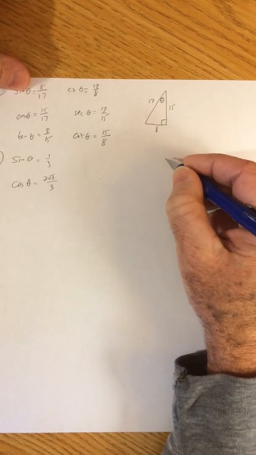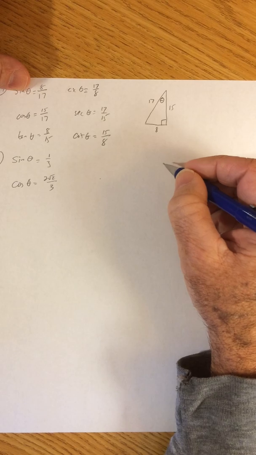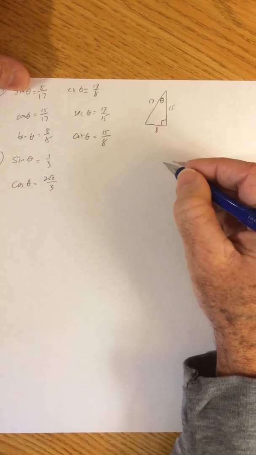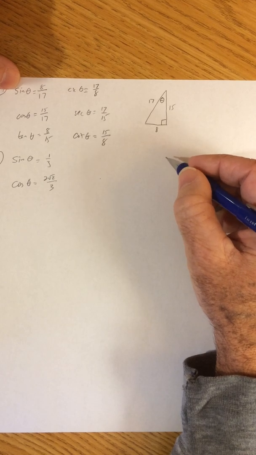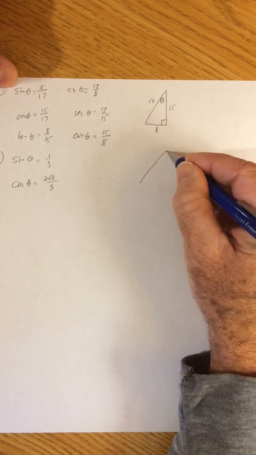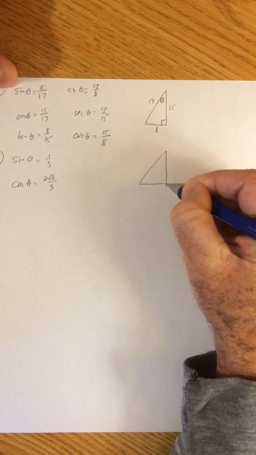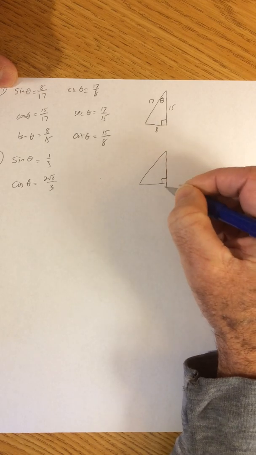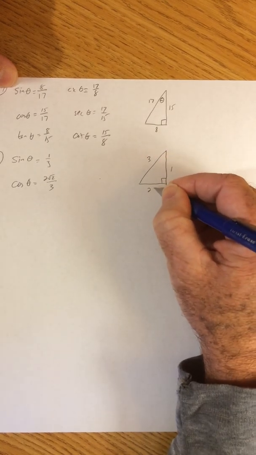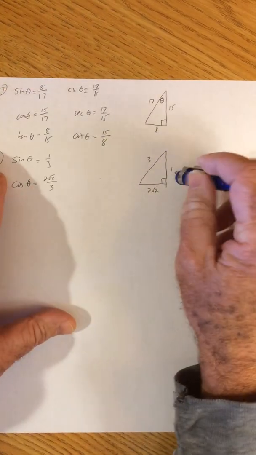All right, well, let's draw a triangle. 2 square root of 2 over 3 is bigger than 1/3, but we try to draw triangles reasonably, but we'll do this, okay? Let's say that this side is 1, that's 3, and this is 2 square root of 2.